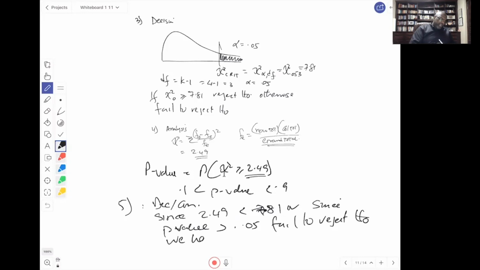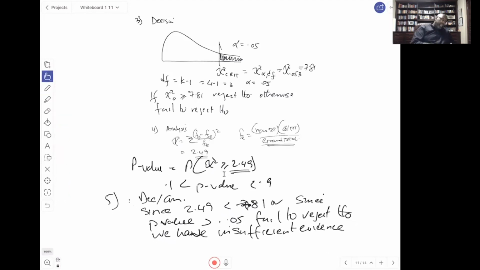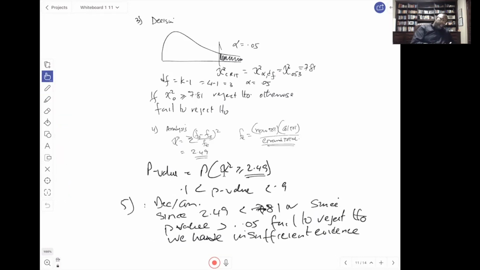We have insufficient evidence that the proportion of males at each location differ. We have insufficient evidence that the proportion of males differ.